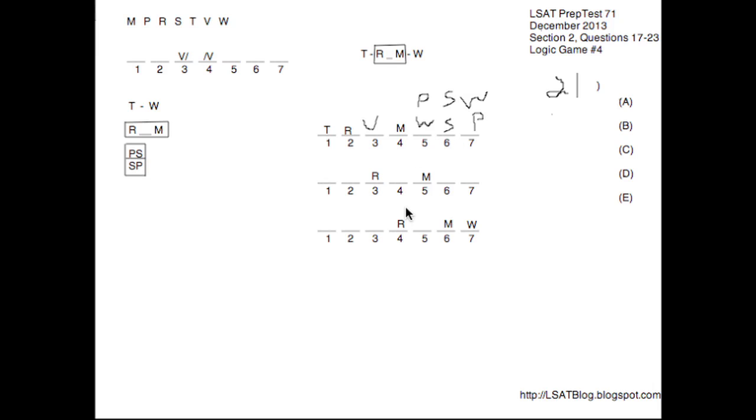The second diagram, there's no room for us to have T on one side and W on the other and still fit in our variables P and S. So this middle diagram is actually invalid due to the problem that we can't fit P and S on either side as well as one of T or W. And the bottom diagram is not going to be good because we're going to have P and S interchangeable on 1 and 2 or 2 and 3, T going elsewhere, but remember we also have to have V. So how could we possibly fit P, S, T, and V all going within the first 3 spaces on this bottom diagram?